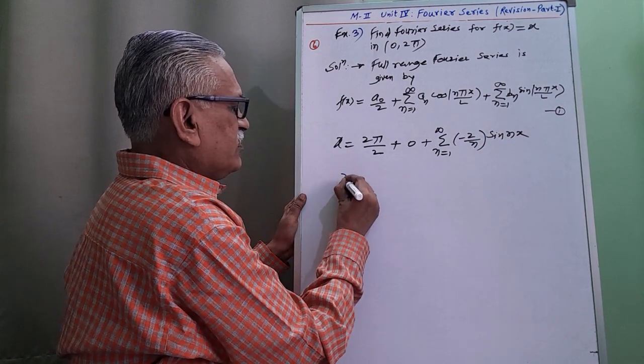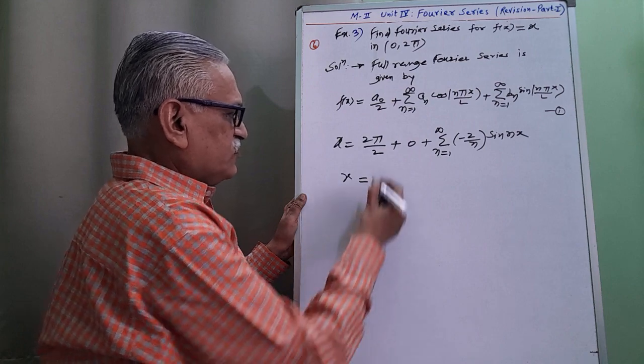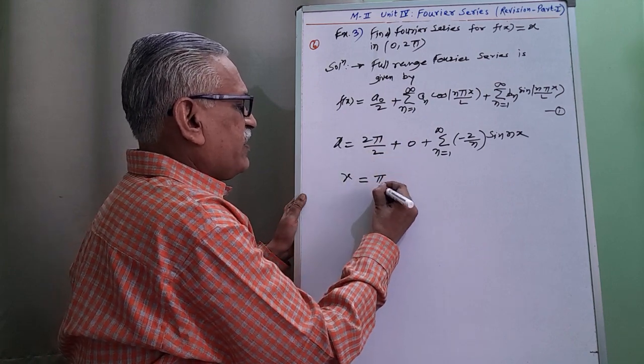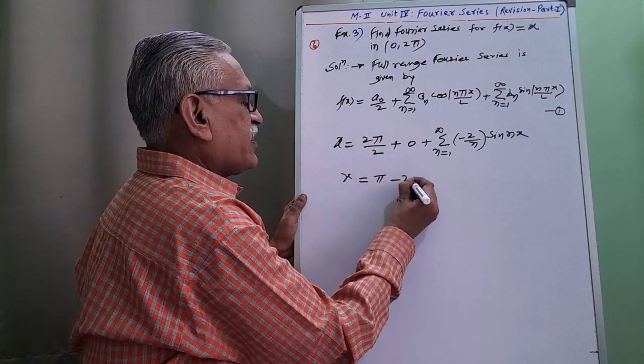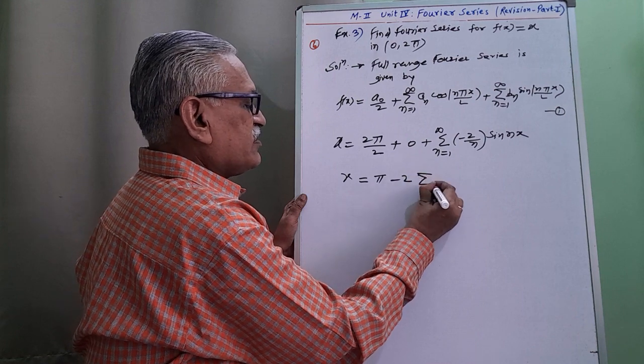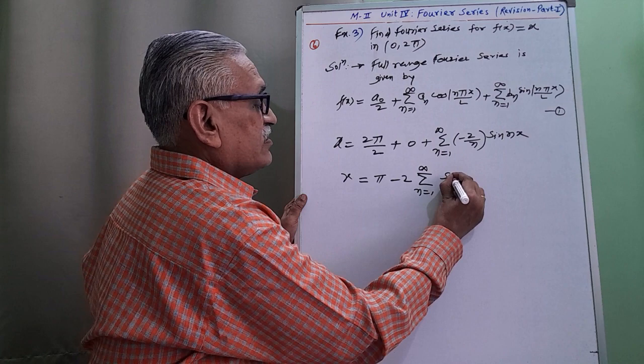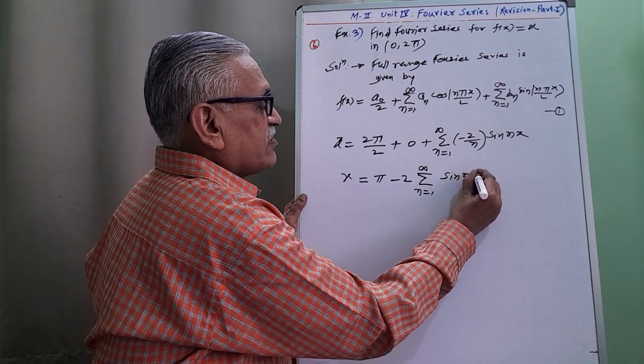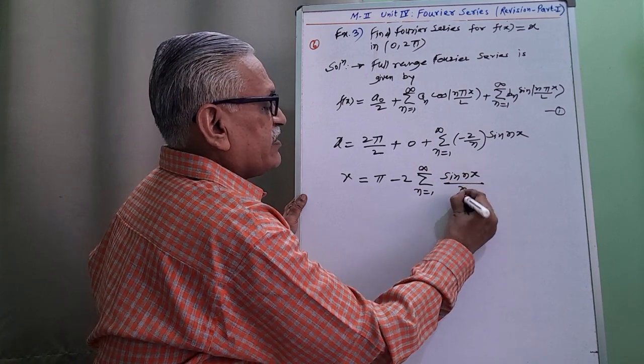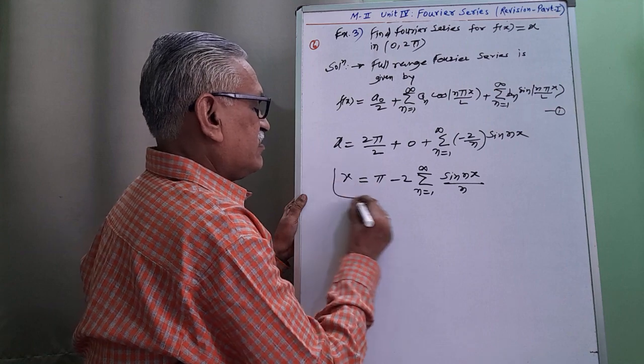And therefore that series is x is equal to 2 gets cancelled, we have pi minus 2, I can take outside the summation sign, n equal to 1 to infinity, sin of nx whole divided by n.